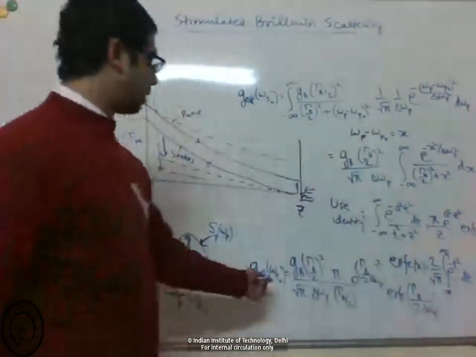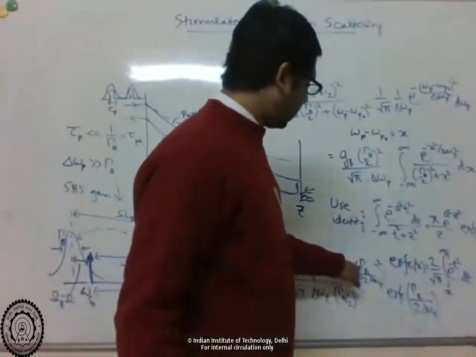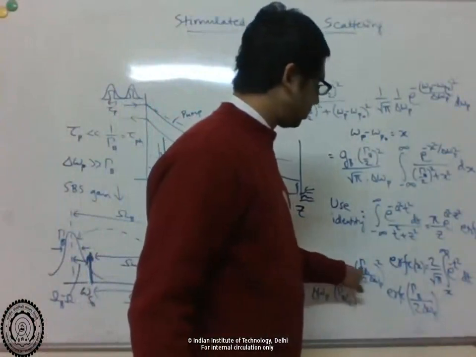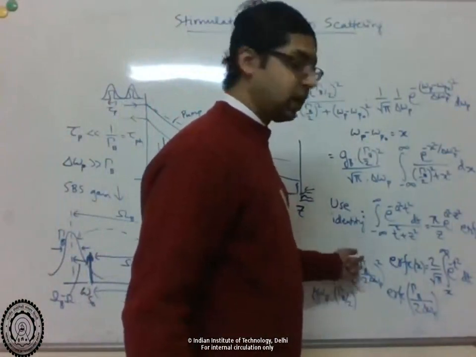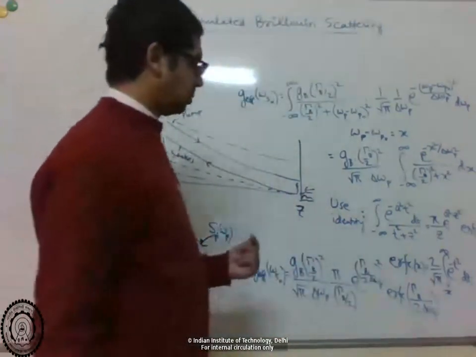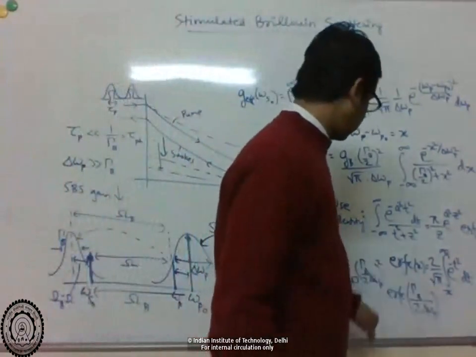Now you can see that we are getting the answer in terms of this ratio of gamma b by delta omega p. The gamma b is the Brillouin gain line width, and delta omega p is the width of our input spectrum. It comes in the error function and this exponential here also.